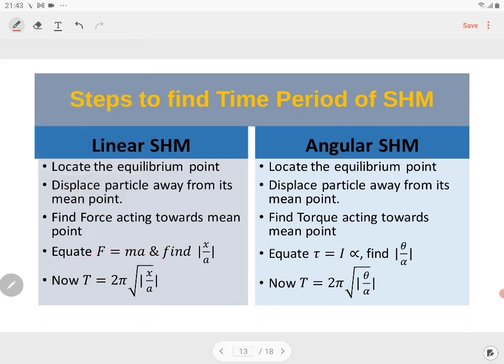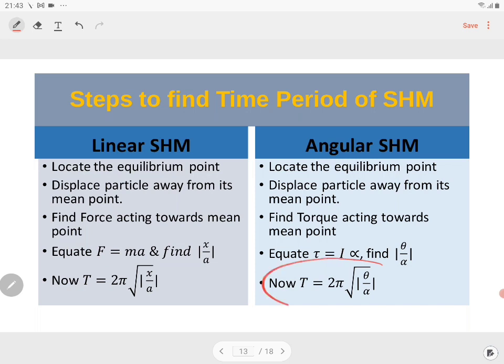Okay, so here angular SHM. In the same way, locate the equilibrium point. It is the point where the net torque acting on the system is zero. Displace the particle away from its mean point or equilibrium point. Find the torque in the displaced position. Here torque should be equated to I alpha. And instead of finding modulus of x by a, find modulus of theta by alpha.